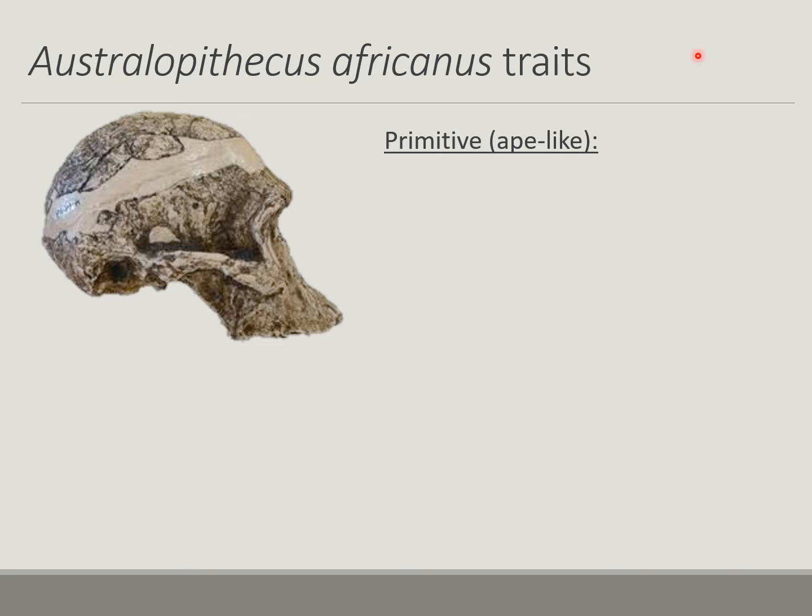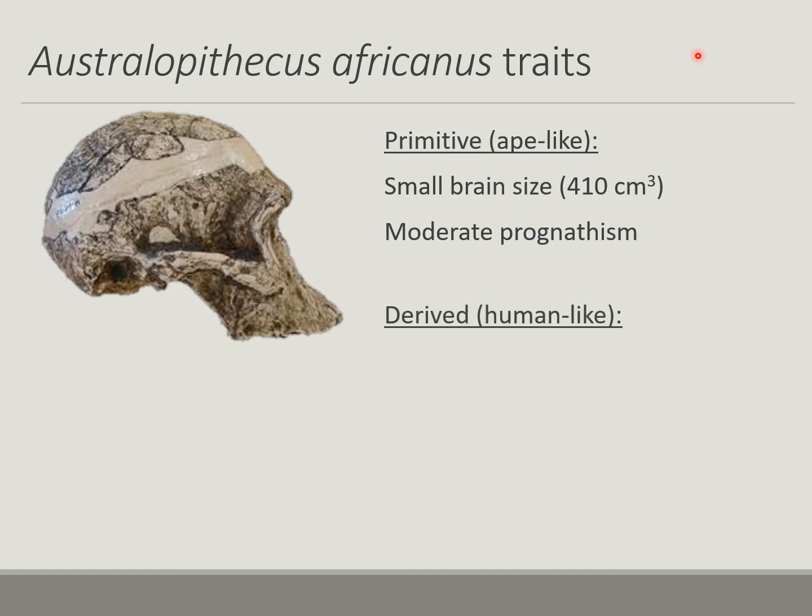Okay, now let's look at some traits of africanus. So what are the primitive traits? Small brain size, ape-like, 410 cubic centimeters. Moderate prognathism, not as much as in, say, afarensis. In terms of derived human-like traits, rounded cranial vault.